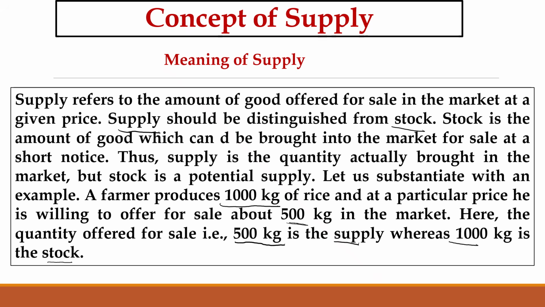So stock is the total quantity of goods which is produced, and supply is the total quantity of goods which is offered for sale in the market. In our example, the farmer produces 1000 kg of rice, this is the stock. Out of this 1000, the farmer is selling 500 kg in the market. He is supplying 500 kg in the market. This is called supply.